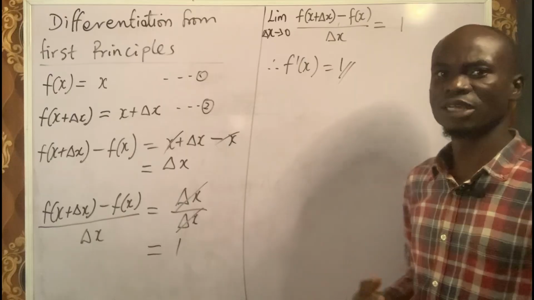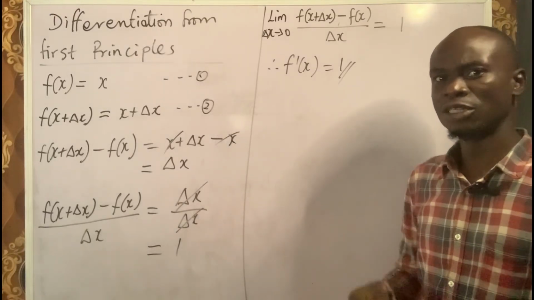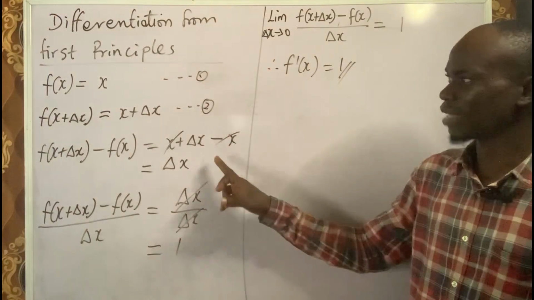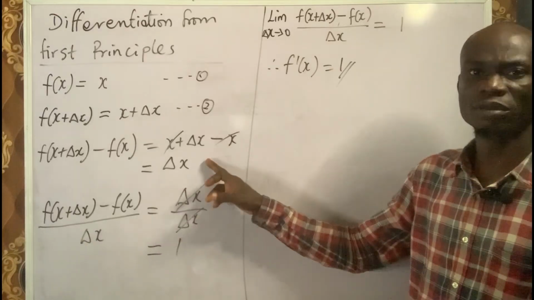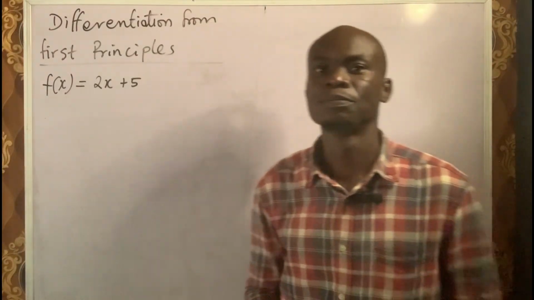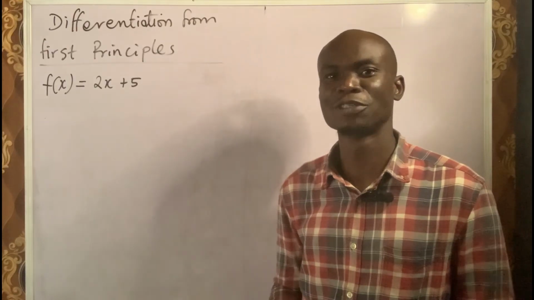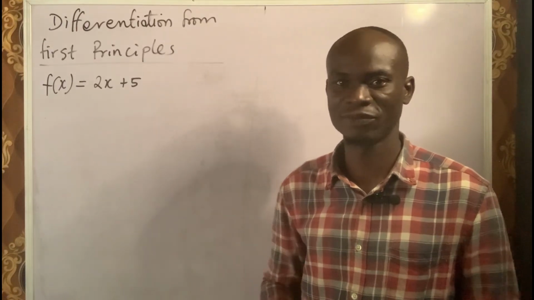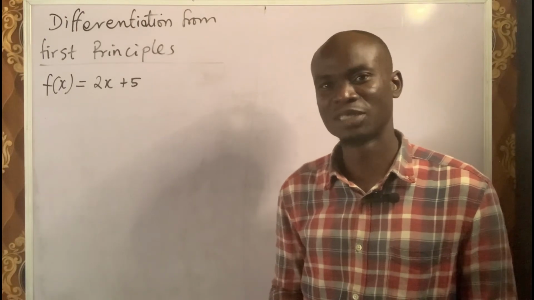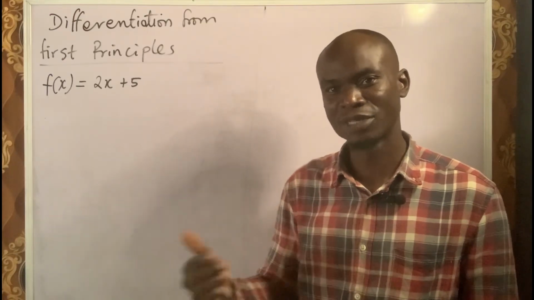In every other case I'm going to solve, you will discover that the major work is done at step 3. Okay. So the next example we'll be looking at is f of x equals 2x plus 5. Just like we said, we move step by step.